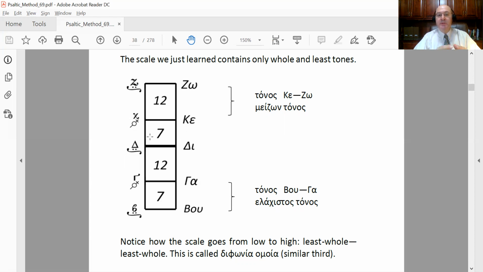Today we're going to learn some names of the different intervals. Again, between any two consecutive notes, we have a space denoted here by a box. And in Byzantine music, we have tones, which are denoted by the number 12.